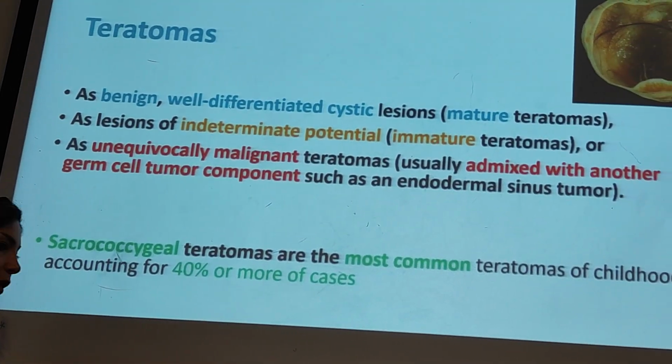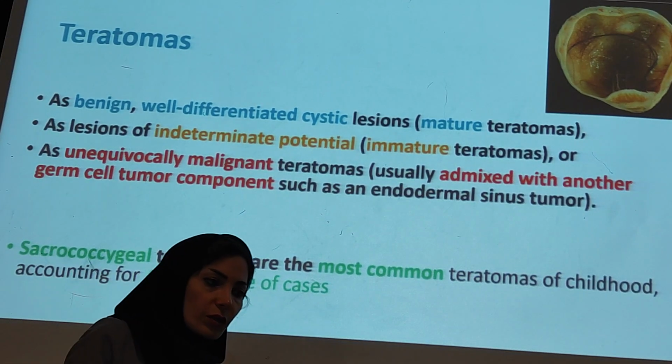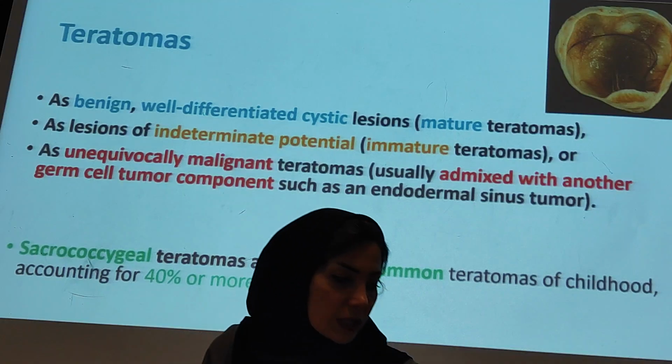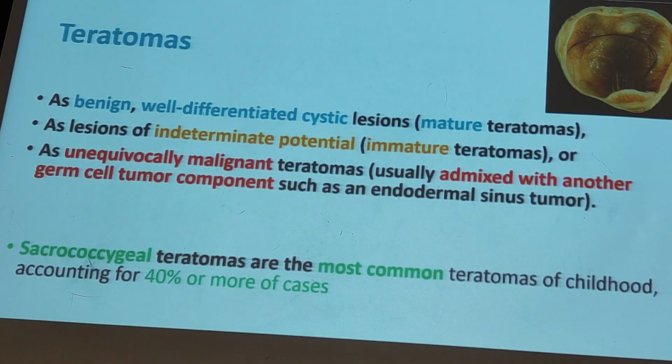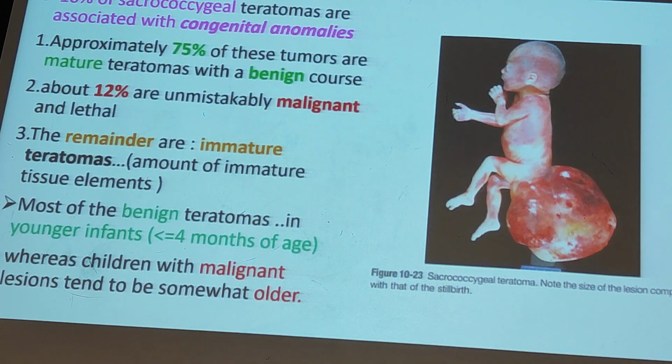Location of the teratoma. The most common location is sacrococcygeal. 40% or more of cases are located in sacrococcygeal region. 10% of sacrococcygeal teratomas are associated with congenital anomalies. Okay?